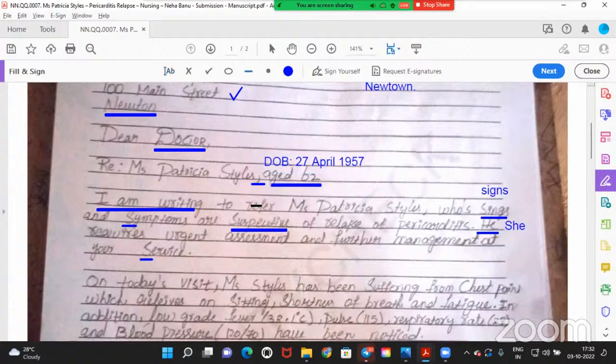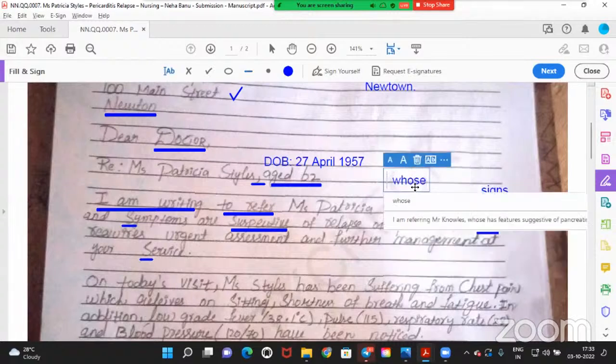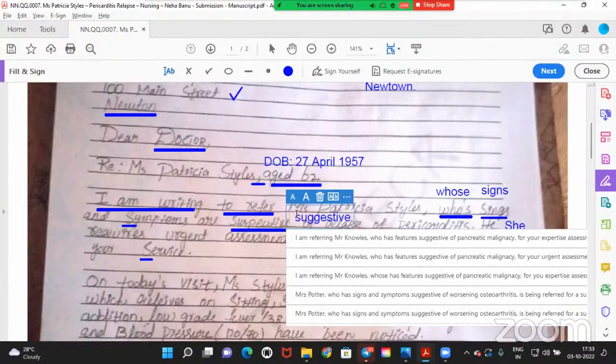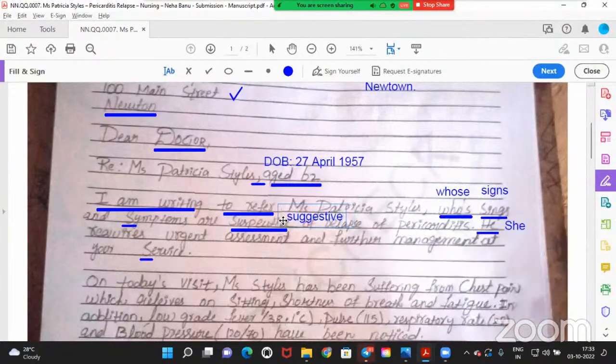Okay. So remove this "to refer" also from here, no need. Okay, Miss Patricia Styles, whose, no need for this apostrophe. No need. Whose, it should be whose, WHOSE, whose. Whose signs and symptoms are suggestive of, or whose signs and symptoms suggest a relapse of pericarditis.